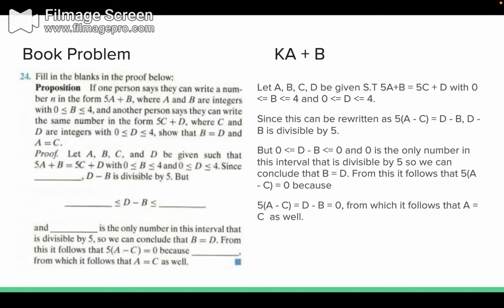But d minus b is greater than or equal to -4 and less than or equal to 4, and 0 is the only number in this interval that is divisible by 5, so we can conclude that b equals d. From this it follows that 5 times (a minus c) equals 0, because 5 times (a minus c) equals d minus b, which equals 0, from which it follows that a equals c as well.